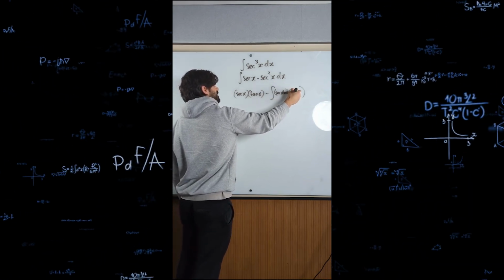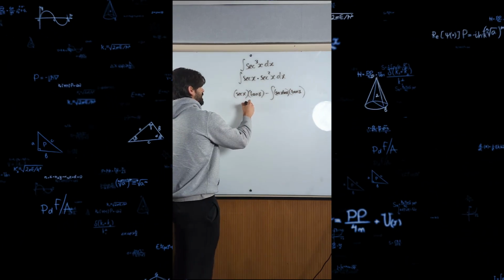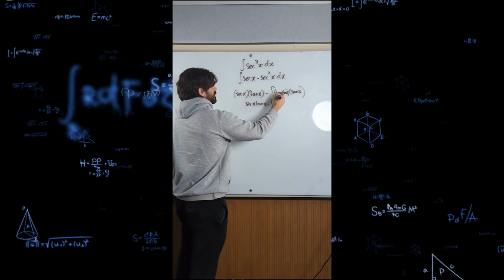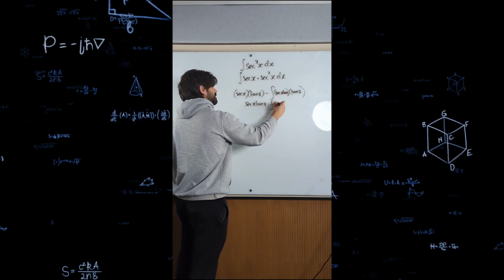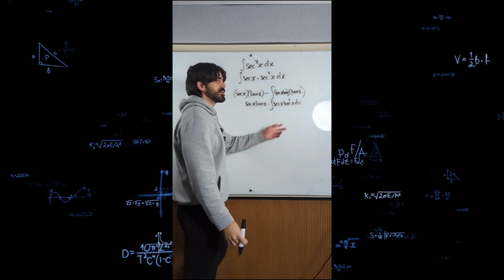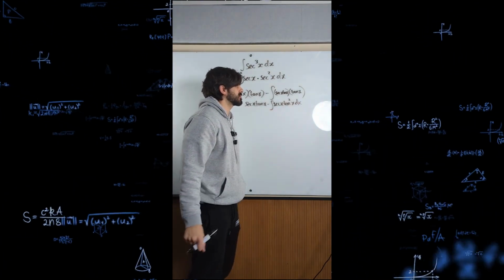And then these two brackets are always the same. Simplifying, we have sec x tan x minus the integral of sec tan squared. Unfortunately, we can't do recognition here because tan differentiates to sec squared, so that's not going to work.